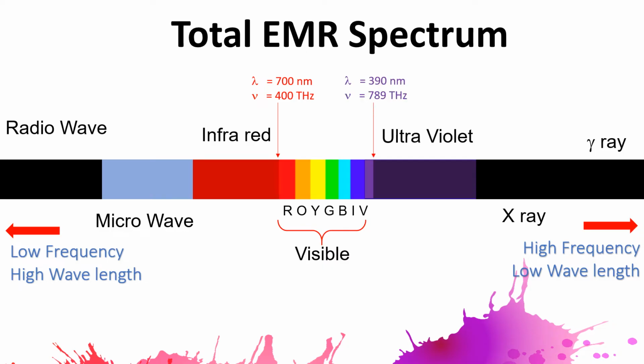And the next part, lambda is 390 nanometer and frequency is 789 terahertz, we call violet. Above that frequency we call ultraviolet, and a lambda lower than 390 nanometers we call ultraviolet. Other regions also have that kind of lambda and frequency at their marginal part.